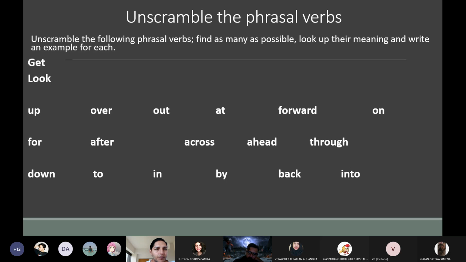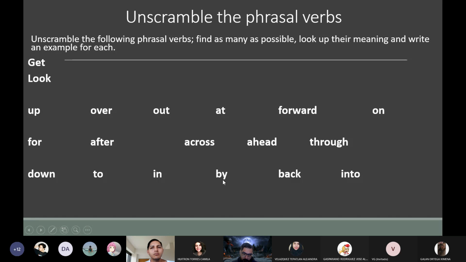For example, get on by. What is the meaning of the phrasal verb get on by? Can anybody help me? This is a three-particle phrasal verb.